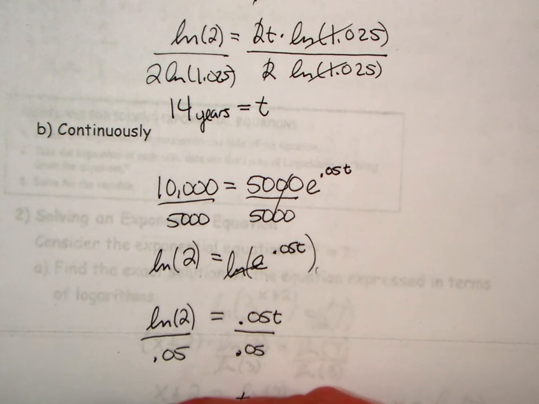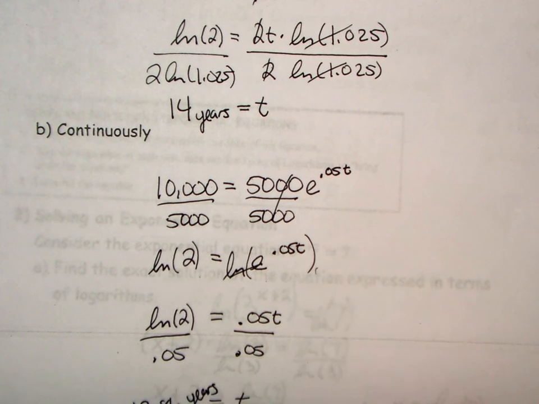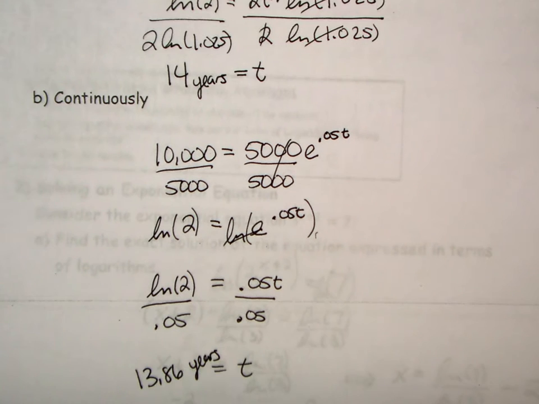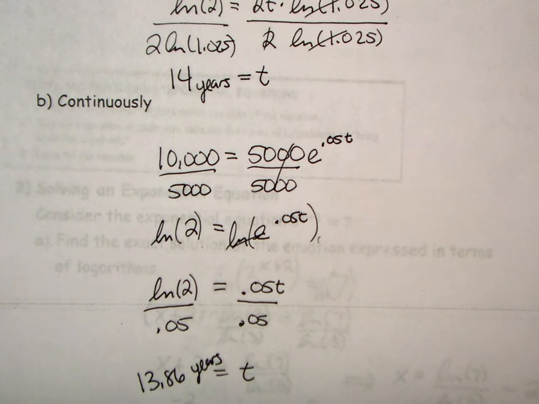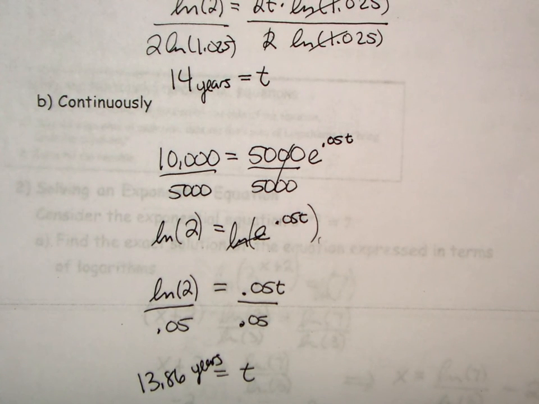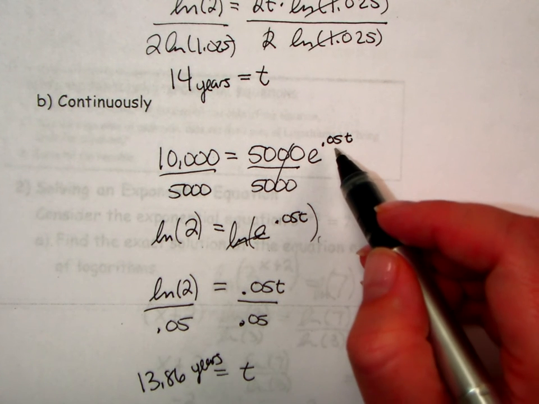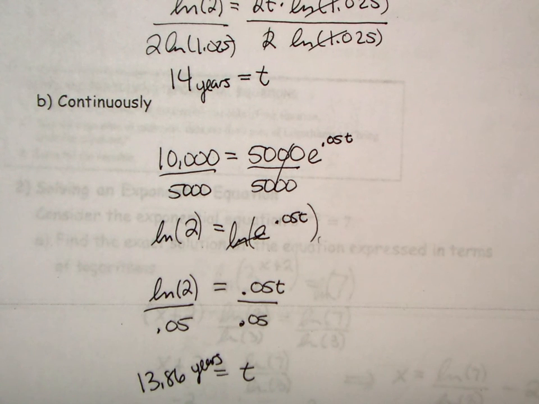13.86. So it actually didn't really shorten the number of years too much. Okay, it went from 14 years to 13.86, and that's usually true. If you have the choice between compounding your interest more frequently or raising the interest rate, the interest rate is going to give you the biggest return.